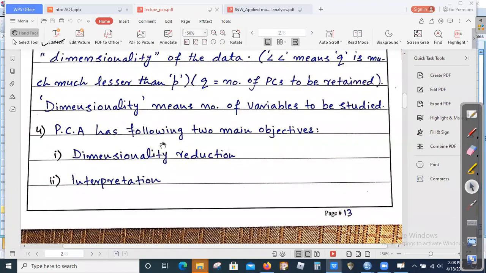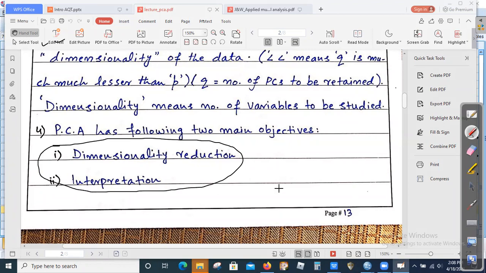So therefore, on the basis of that, these are the 2 main objectives of PCA. Whenever you want to carry out PCA, these are the 2 objectives. The first objective is dimensionality reduction. As I said, dimensionality reduction actually means that you are posing a question: is it possible that the number of variables to be considered can be much smaller than the original one?